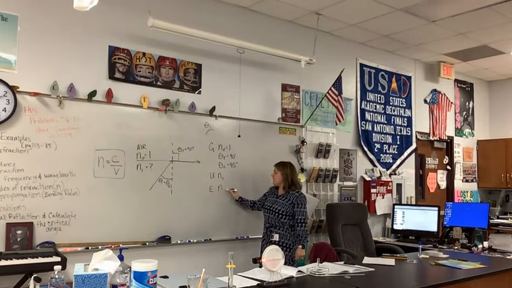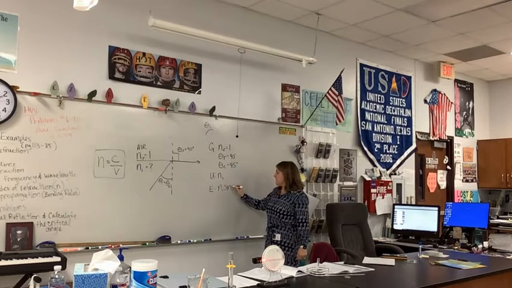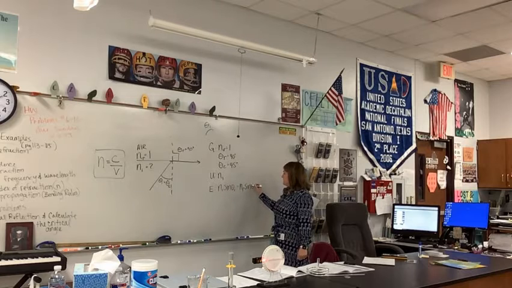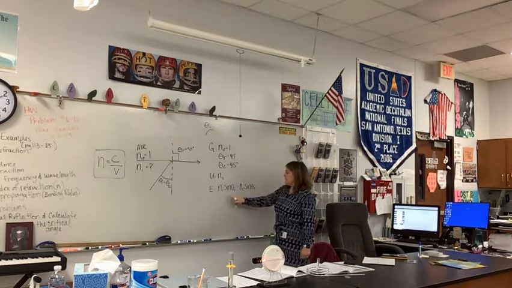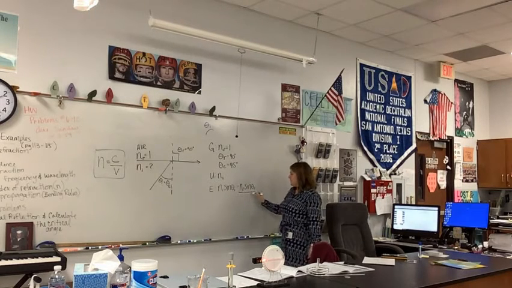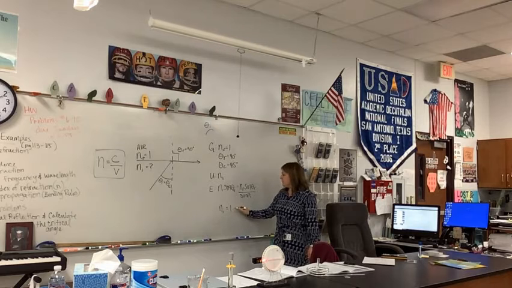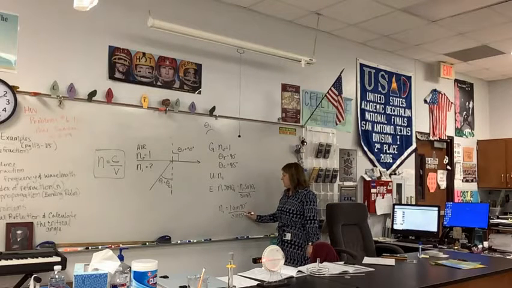So Snell's law, Ni sine theta I equals Nr sine theta R. I'm solving for Ni, so I'm going to divide both sides by sine theta I. So Ni equals 1 sine 90 over sine 45, or 1 over sine 45.